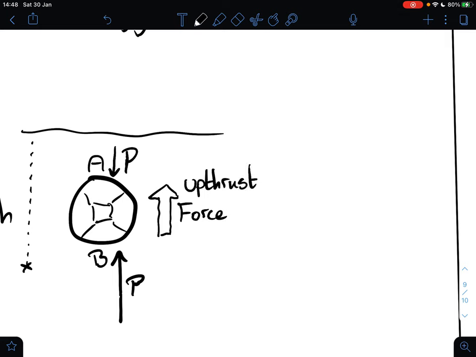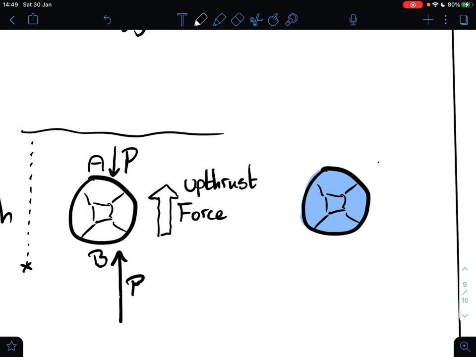Now, fun fact, if you took the displaced volume of the ball, so if I take a copy of the ball, and I did a bit like Archimedes did when he got in the bath, and measured the volume of the ball, so let's colour it in, I'll use a blue. If we find the weight of the displaced water, the upthrust is equal to the weight of the water that is displaced.